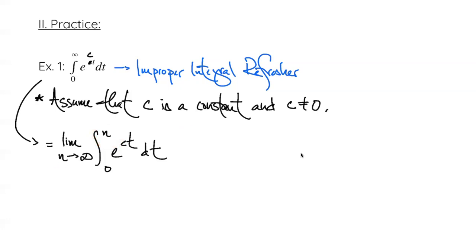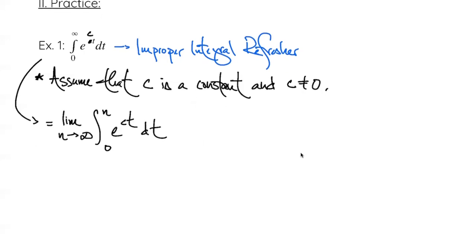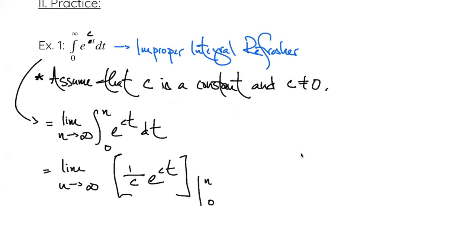Okay. And so if we take this integral right now, let's keep the limit as n approaches infinity. That part stays. But the integral of e to the ct is going to be 1 over c e to the ct, right? We're using the u sub and we're plugging in n and we're plugging in 0.